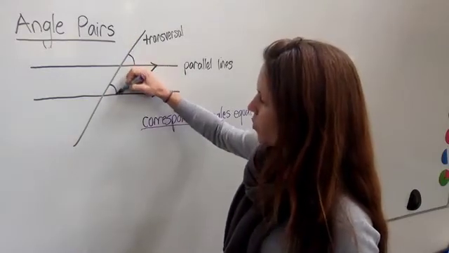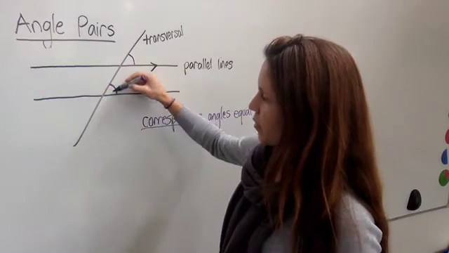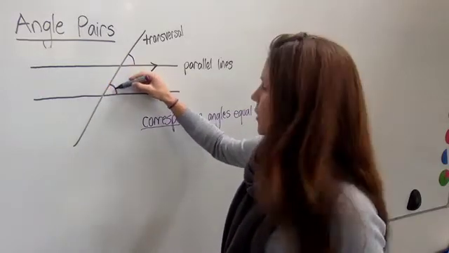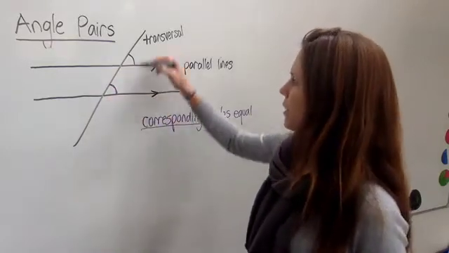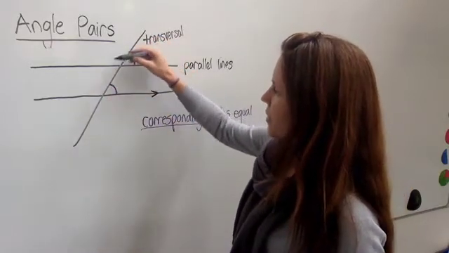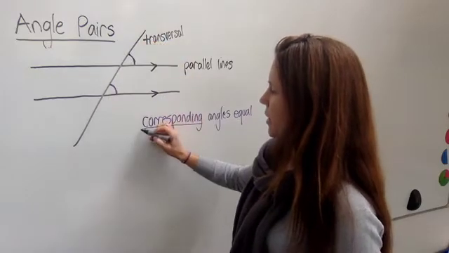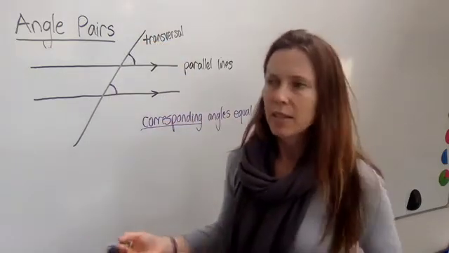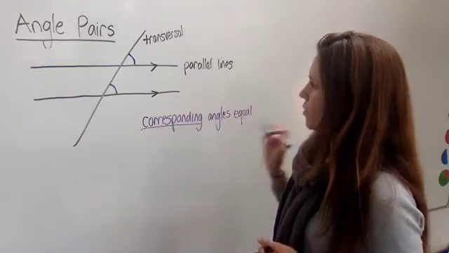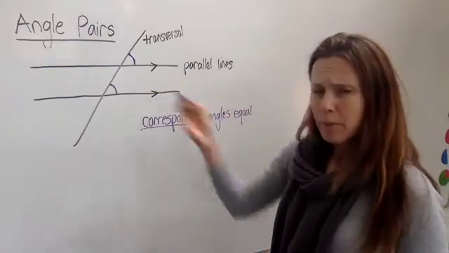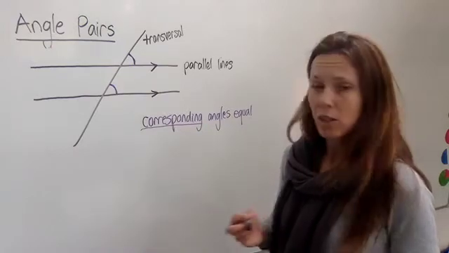It's on the top right corner, isn't it, if you think of these four spaces here as having a sort of top right, top left, bottom right. And this one up here is on the next intersection, and it's in the same place. And corresponding means in the same place, but perhaps moved along a little bit further. So corresponding angles are equal. Can we spot other pairs of corresponding angles in this picture?